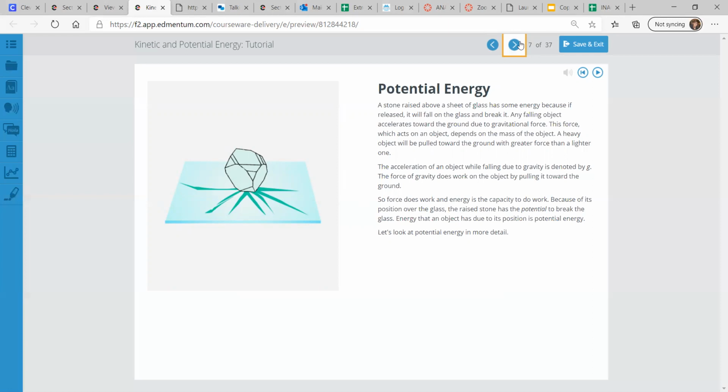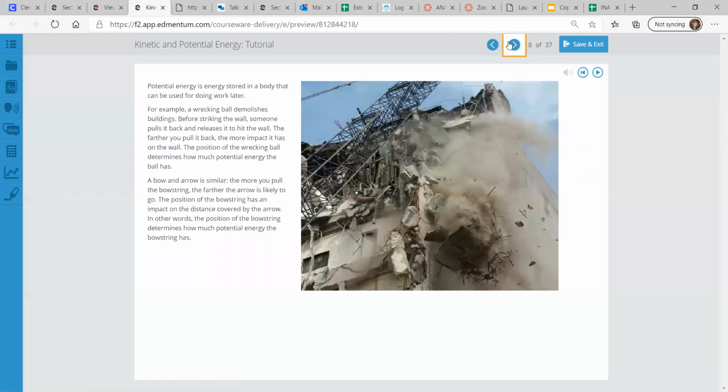Energy that an object has due to its position is potential energy. And let's look at that in more detail. Potential energy is energy stored in a body or an object that can be used for doing work later.